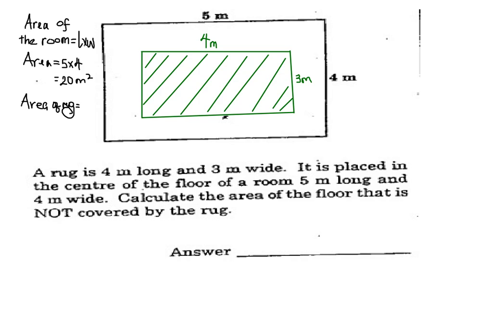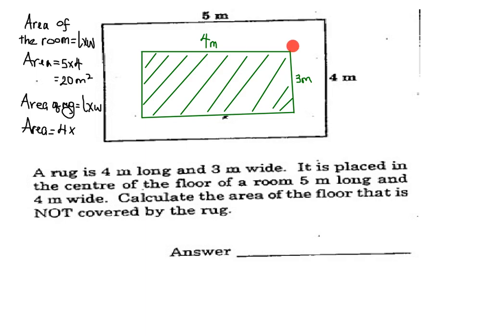So the length of the rectangle for the rug, right? We're doing the same thing, length by width, because it's a rectangle again. So the area here would be length, which is 4 meters, times what is the width of the rug? What's the width of the rug? 4 meters.